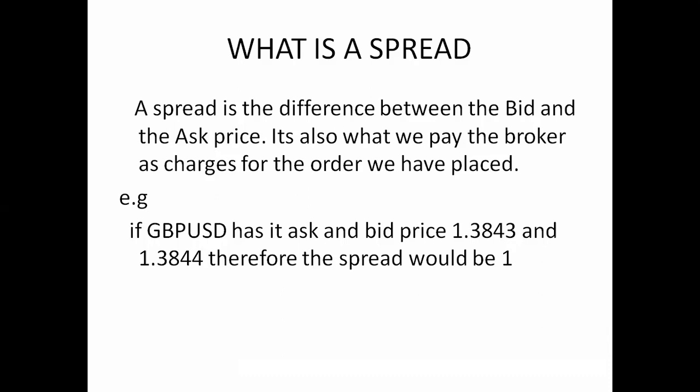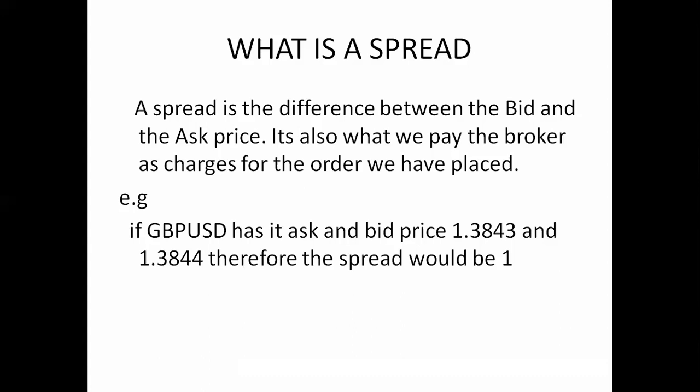So let's assume that GBPUSD has a current price of 1.3843 as the ask price. Then we have 1.3844 as the bid price. When we subtract, remember we are working with four decimal numbers, that is four numbers after the decimal point.